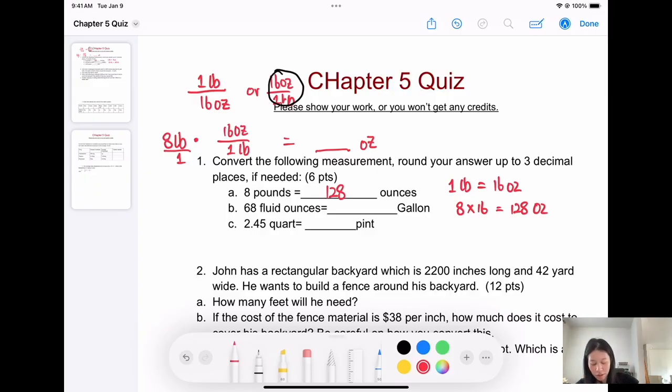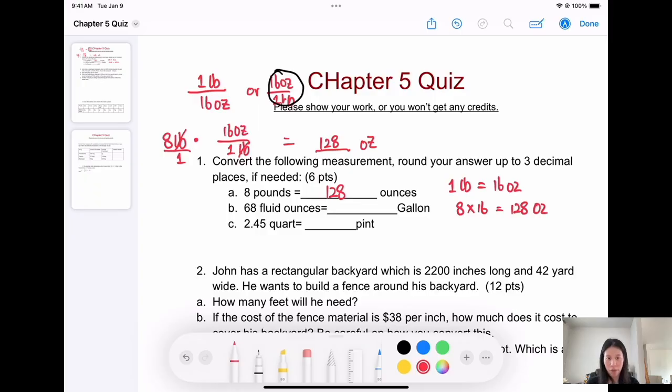Pound and pound get cancelled out. So now what we have is 8 over 1 multiplied by 16 over 1, which is equivalent to 8 times 16, which also equals 128. Now do you see the trick? The trick is we try to cancel out the units so that we can get to the destined unit that we want.